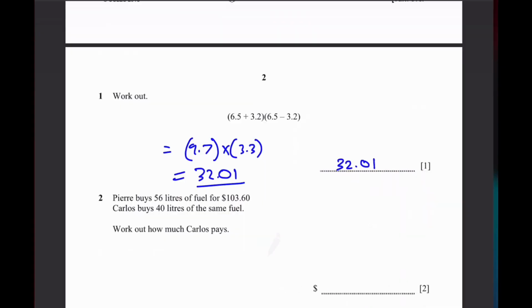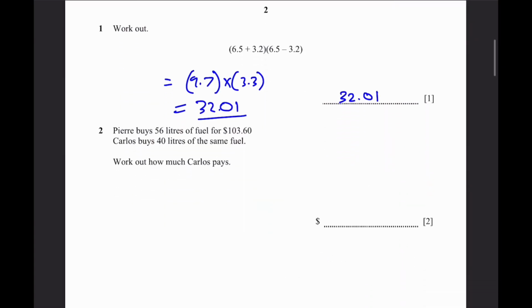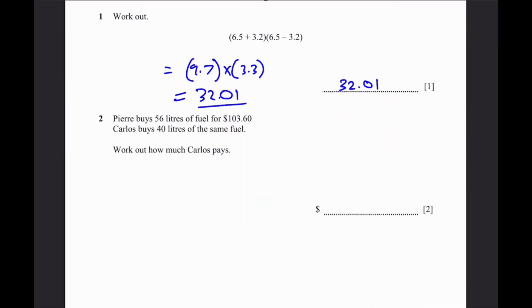Let's go to question 2. Pierre buys 56 liters of fuel for $103.60. Carlos buys 40 liters of the same fuel. Work out how much Carlos pays. So 56 liters is $103.60. So 1 liter is equal to this cost divided by 56.